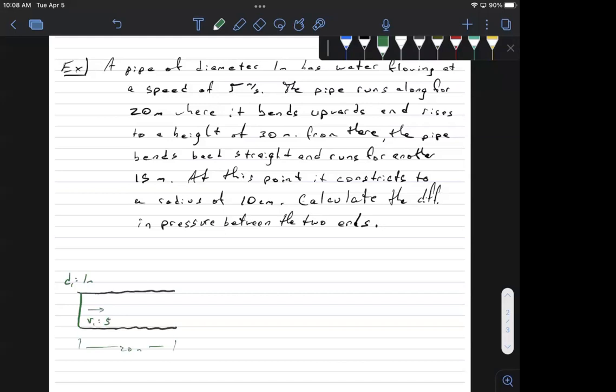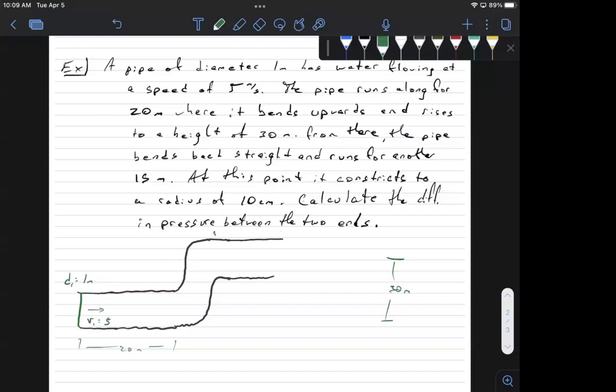And then it bends upwards and goes to a new height. So there's the bend. And it rises to a new height of 30, so from here to here is 30 meters. From there, the pipe bends back straight and runs for another 15 meters.